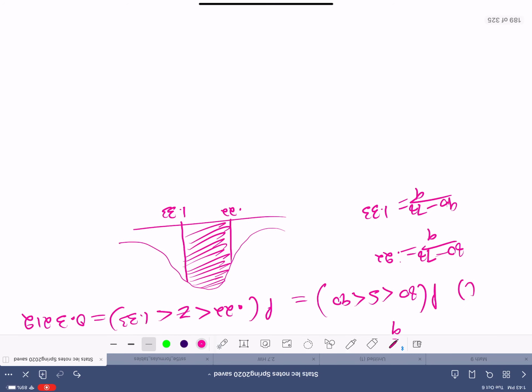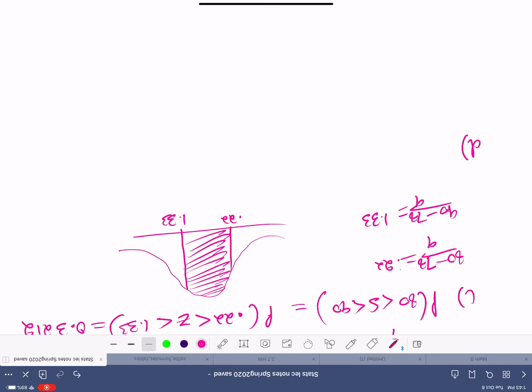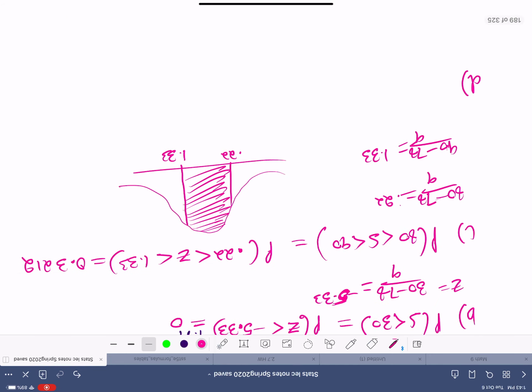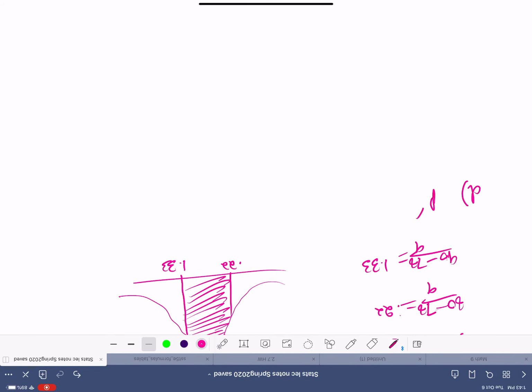Okay, now let's look at part D. Part D says, if there are 70 students in the class, how many will receive a score between 90 and 95 points? So let's first find out the probability of randomly selecting somebody whose score is between 90 and 95. Let's go ahead and find the z-scores for 90 and 95.